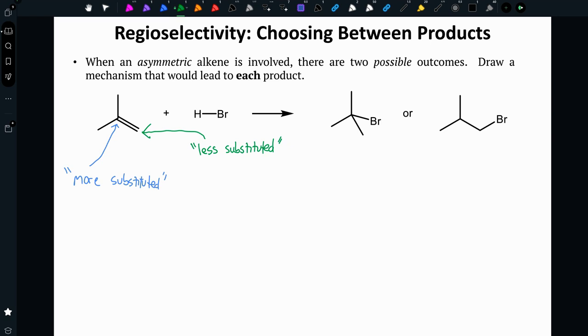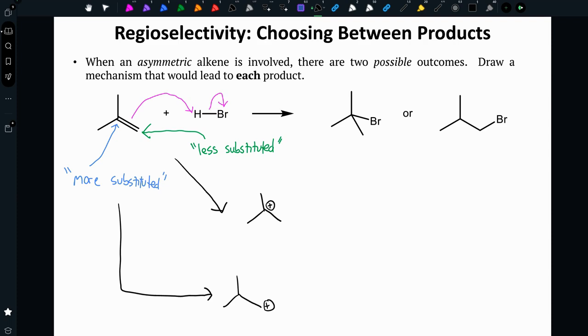Now, when we're doing this reaction, and I'm going to have the pi bond attack my acidic hydrogen again, notice now I have two choices. I can leave the carbocation on the more substituted carbon, or I could leave the carbocation on the less substituted carbon. If I leave the carbocation on the more substituted carbon, it would look like this.